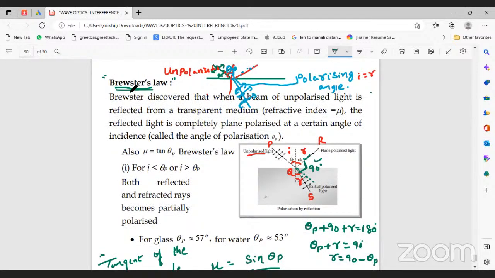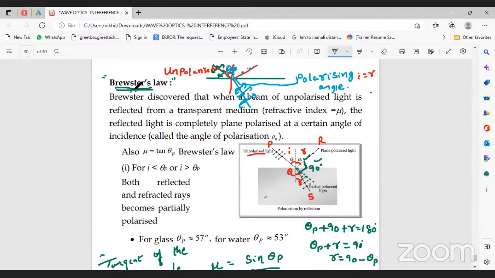So what is Brewster's law? Tangent of the polarizing angle is equal to what? Refractive index, sir.